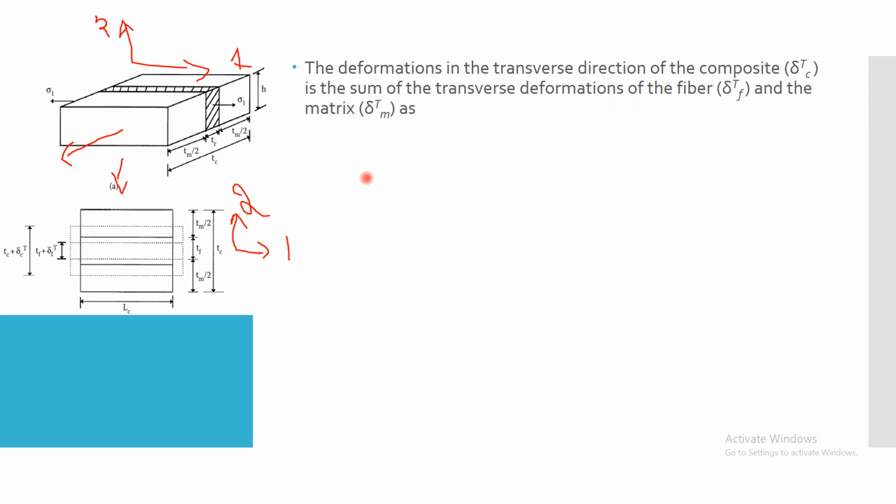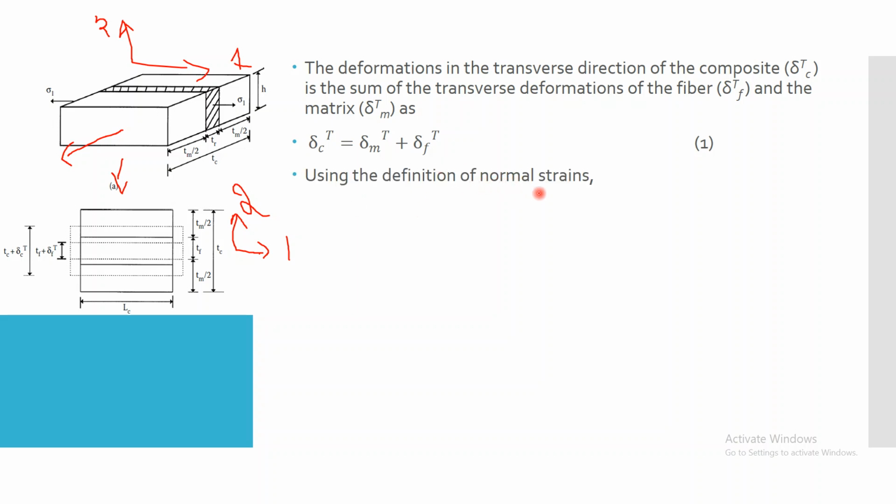Once again, if you want to frame the equation, so in the direction of 2, the composite deflection is nothing but deflection of the fiber plus deflection of the matrix, with the superscript T. So always remember this. This is from our basic understanding or basic assumption.